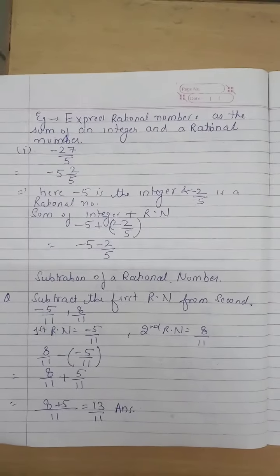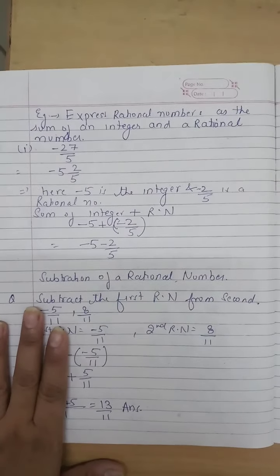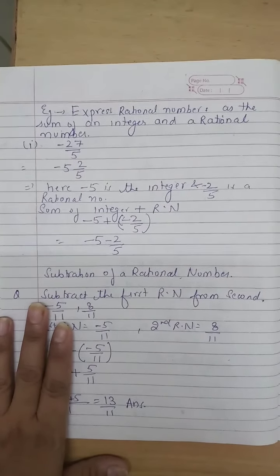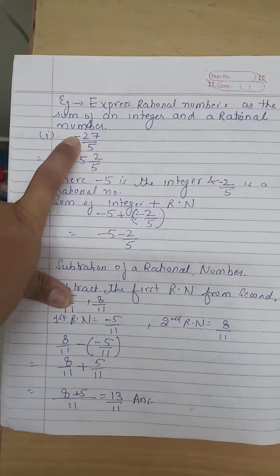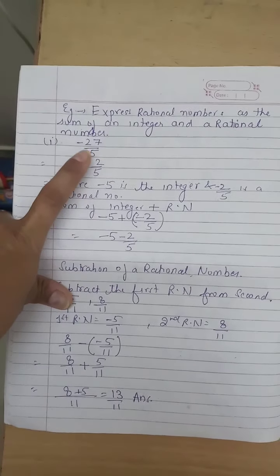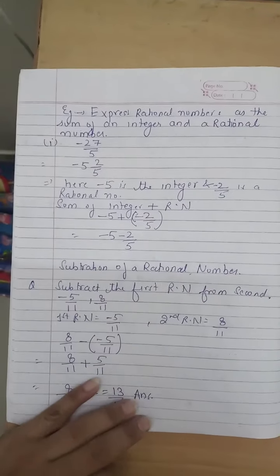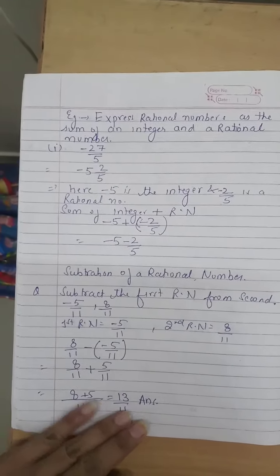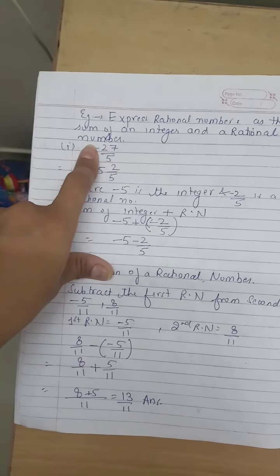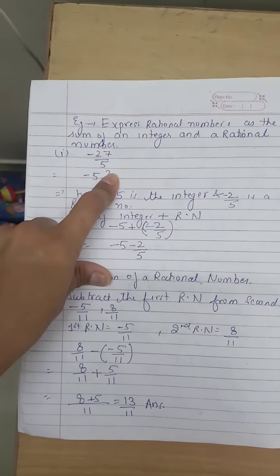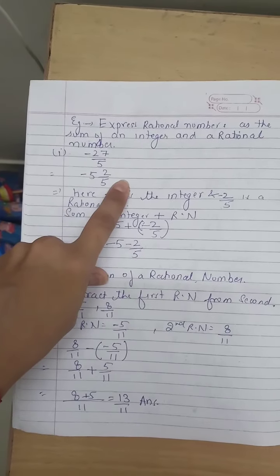Let us take another example of addition. Express the rational number as the sum of an integer and a rational number. Let's take an example: minus 27 upon 5. You have to represent it as the addition of an integer plus a rational number. To do so, we first change it into mixed form. Minus 27 upon 5 can be changed to mixed form: 5 fives are 25 plus 2, that is 27.